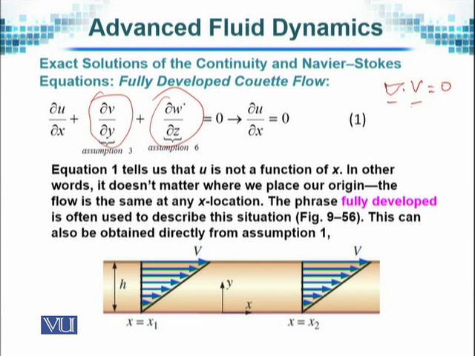The only velocity that is acting is along the x-axis. So only the velocity u will be contributing to the continuity equation. And therefore, this equation, the continuity equation, as I write down here in the vector form, reduces to ∂u/∂x equal to 0.